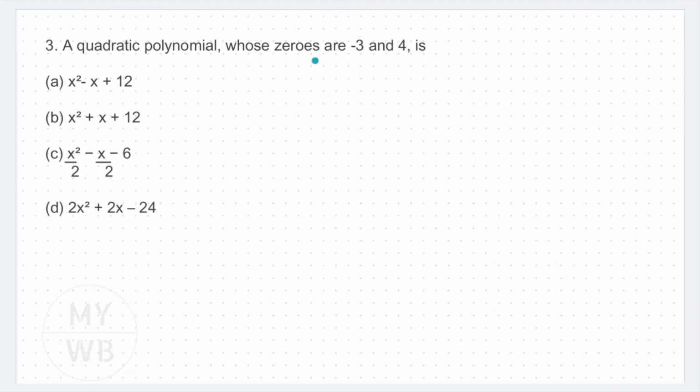Next, a quadratic polynomial whose zeros are minus 3 and 4 is. So in this question, the zeros are given and we need to frame the polynomial. So let alpha be minus 3 and beta be 4. We discussed that if alpha and beta are the roots or the zeros of the polynomial, then the polynomial can be written as a constant k into x minus alpha into x minus beta.